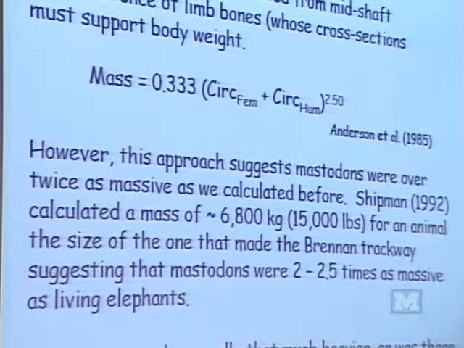Now, why should that work? Well, an animal has to support its body weight using its limbs. And so the circumferences of these bones will certainly control their area, and it is their cross-sectional area that provides basically the structure that supports body weight.